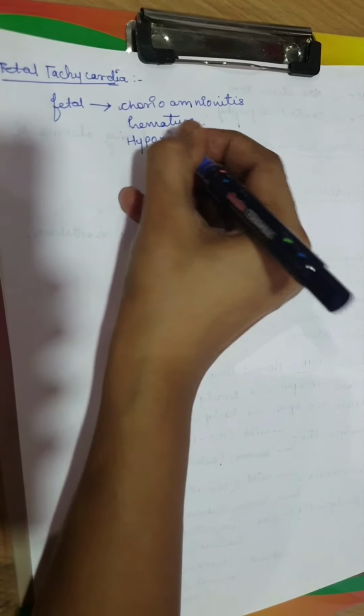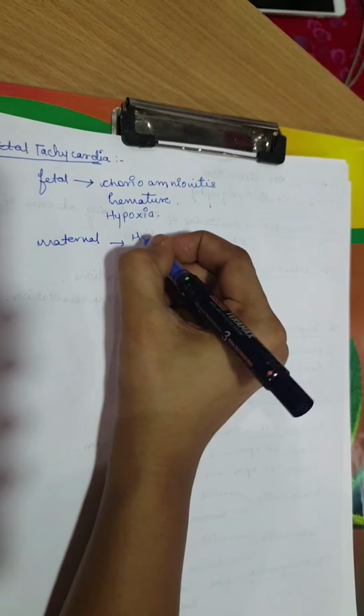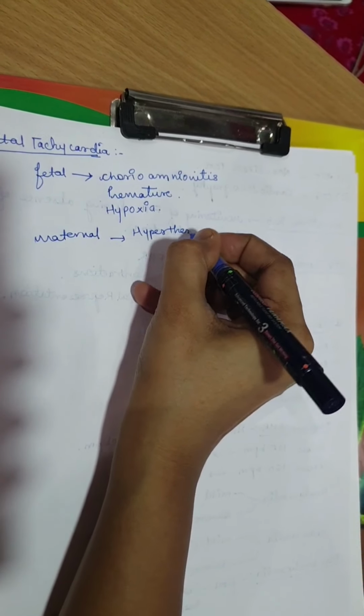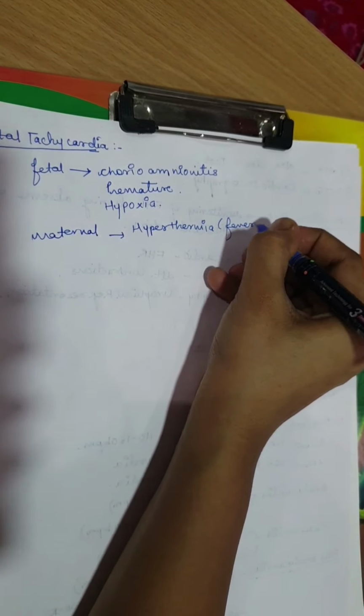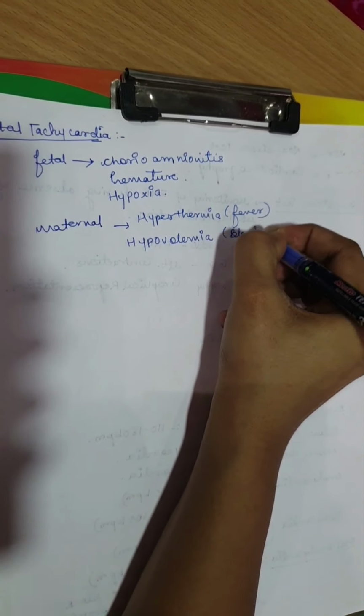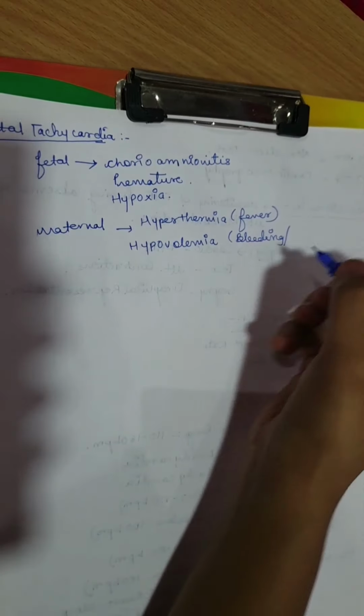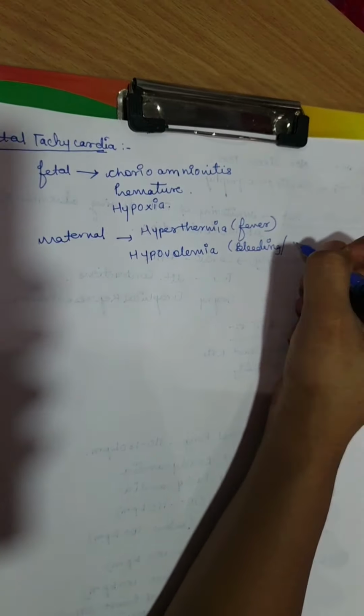Then there are the maternal factors responsible. If the mother is suffering from hyperthermia, that is, if the mother is having fever, or there is hypovolemia, that is, there is some kind of bleeding from any other part in the mother, or if the mother is dehydrated, bleeding or dehydration.